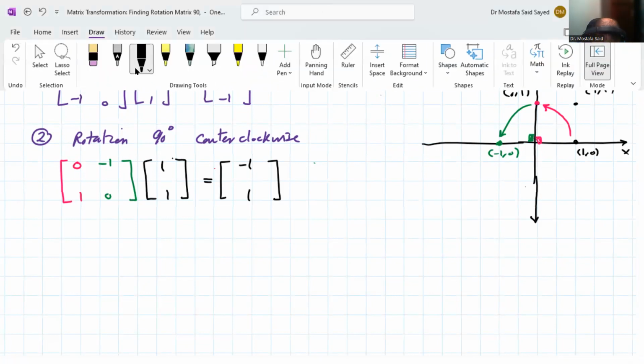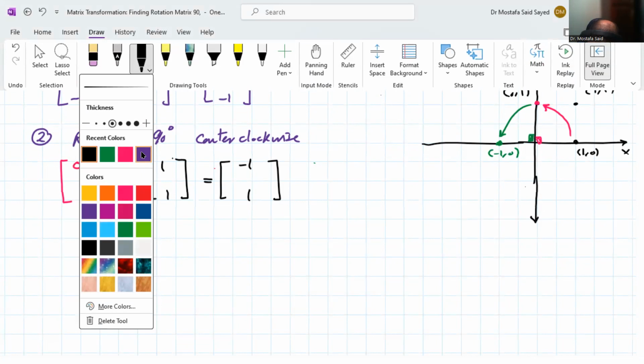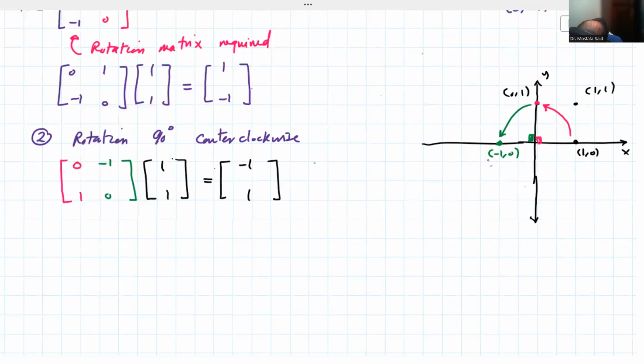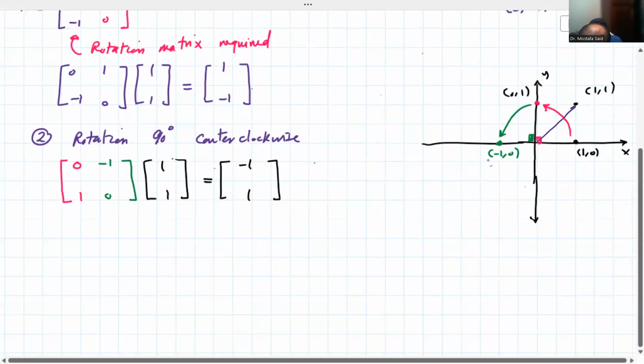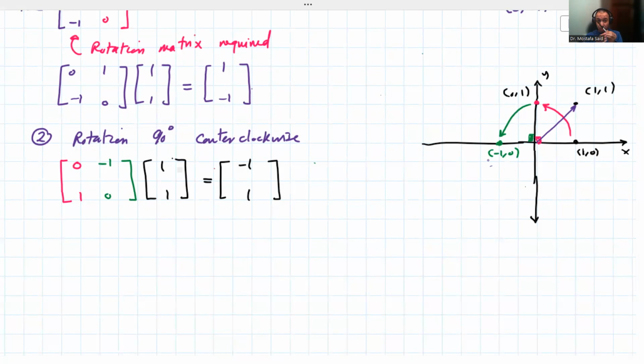Let's try another color, for example magenta, or the purple in this case. Remember, we want this vector here, 1, 1. We wanted to rotate it 90 degrees counterclockwise. So we start here. We should go 45 degrees, another 45 degrees. So it will end up in that location, 45 degrees to the left of the y-axis.